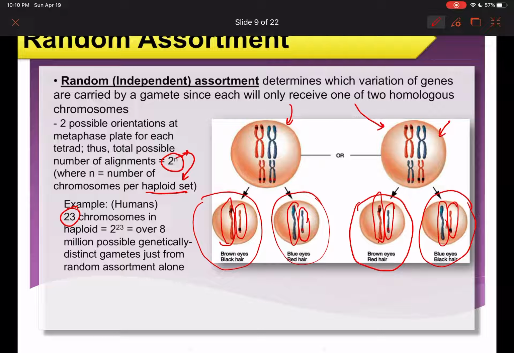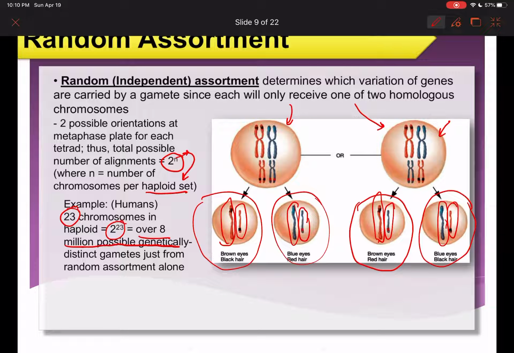So the number of genetically different sex cells we can technically make is 2 to the 23rd power, which is equivalent to over 8 million possible genetically distinct gametes just from random assortment alone.